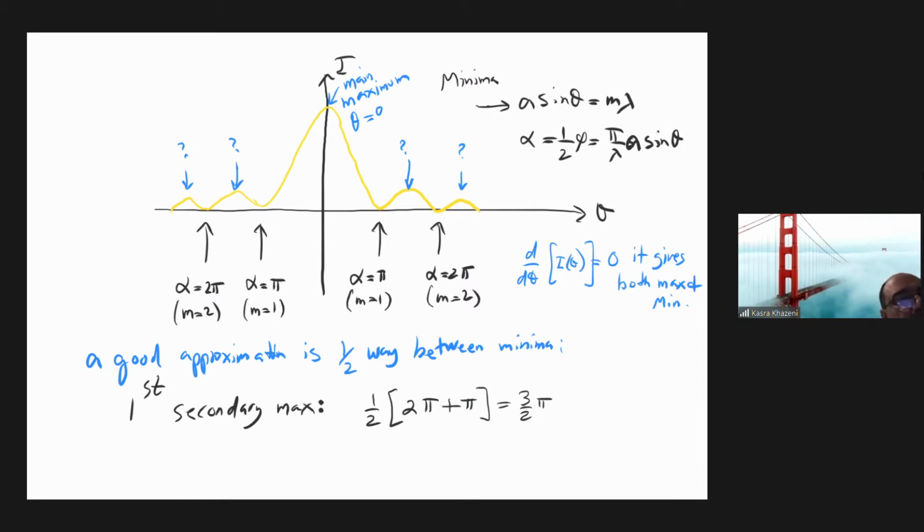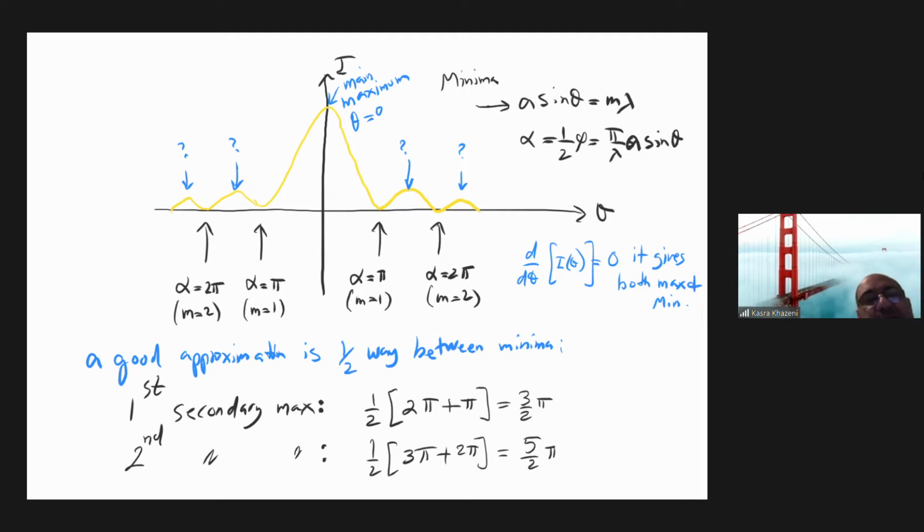Okay, and the second secondary max is halfway between 3 pi plus pi, 2 pi. That's 5/2 pi.